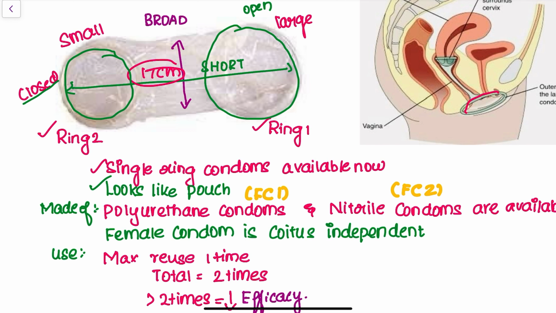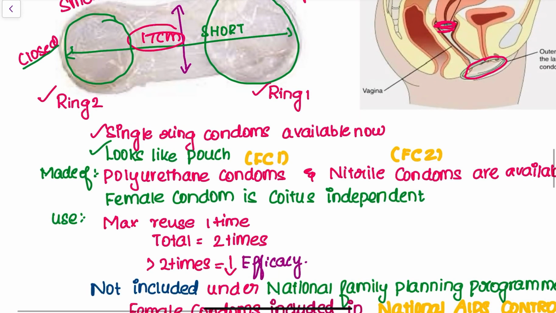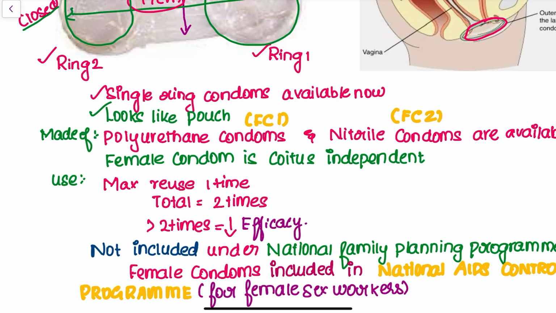So this is one end, which is long, and it lies in the external genitalia, and the other end, as you can see here, is small and covers the apex of the vagina as well as surrounding the distal portion of the cervix. So this female condom covers the cervix, the apex of the vagina, the entire vagina, and the external genitalia. Right? Clear?